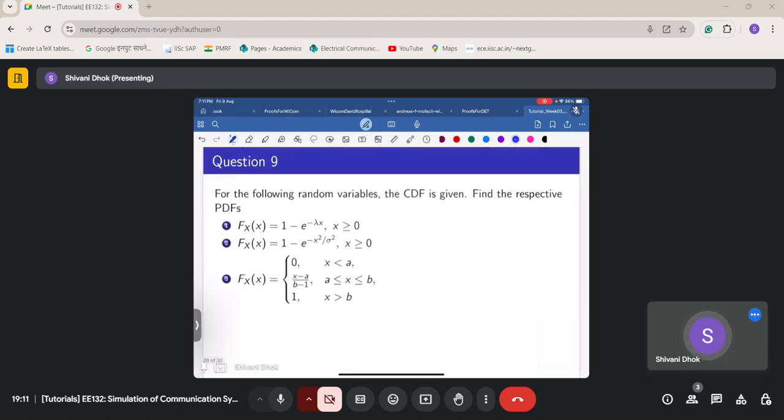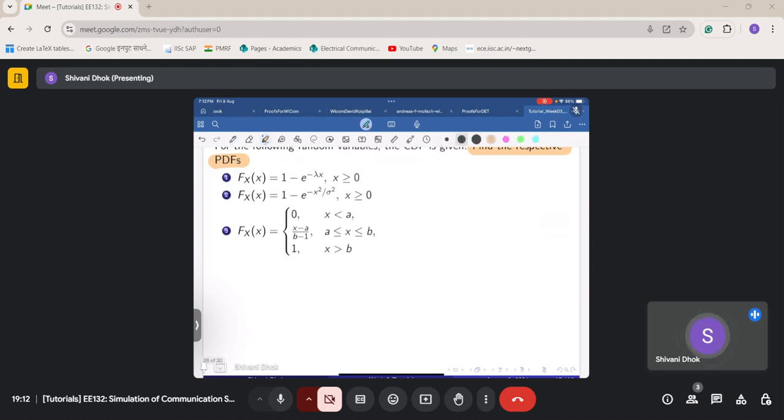The question says, for the following random variables, the CDF is given and we need to find the respective probability density functions. So basically what we are given is the CDF of continuous random variables, and then we need to figure out what is the PDF of these things.